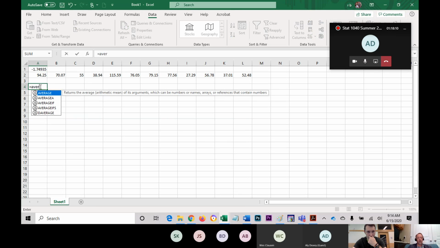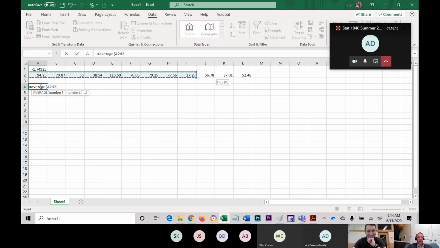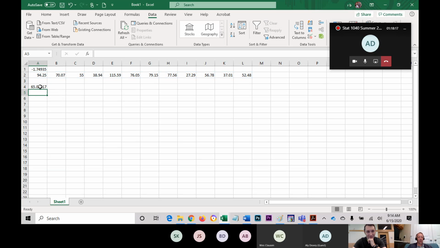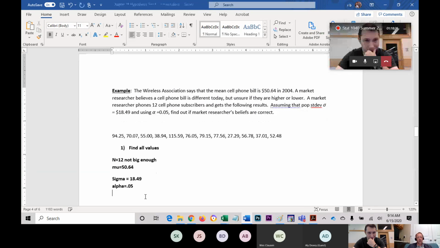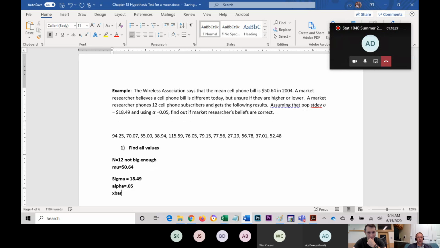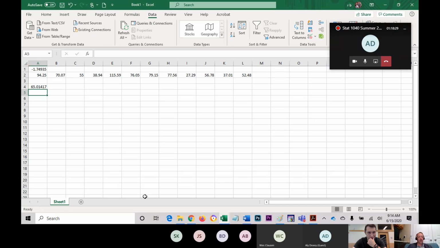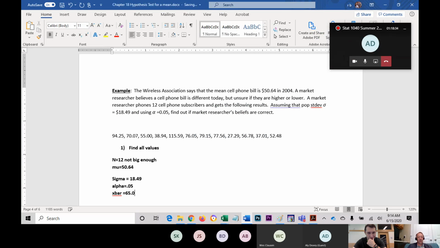We're going to use the other A word, average, which is really the mean. So we got a value of 65.01, so $65 and a penny. x bar equals, and I'll use all 5 decimals, 65.01417. So you're going to have to find that out yourself.